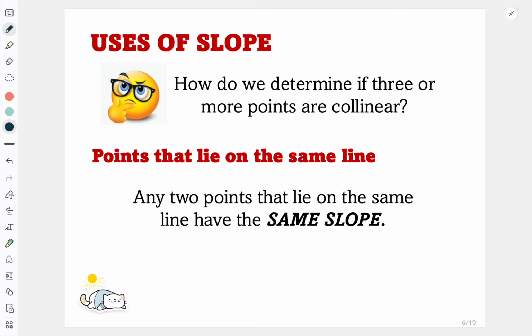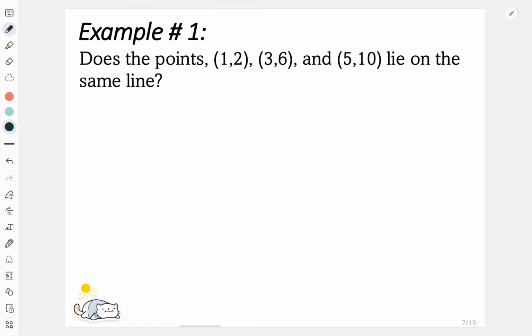So let's try to have some examples. Let's have the first one. For the first one, we want to answer if these three given points are collinear with each other, or do the points (1, 2), (3, 6), and (5, 10) lie on the same line?